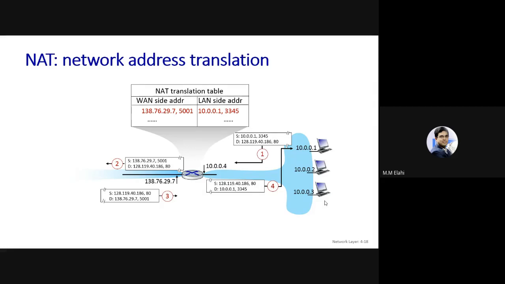The router sees that, okay, this 138.76.29.7:5001 packet actually was from 10.0.0.1 and port number 3345. Now I have to convert this to this. See, the destination now was the ISP's public IP. Now it is the host's private IP.